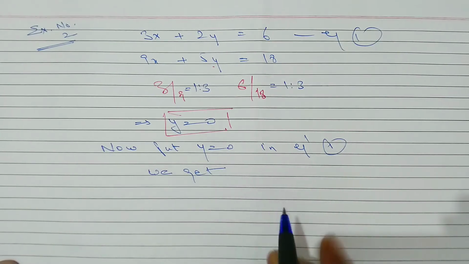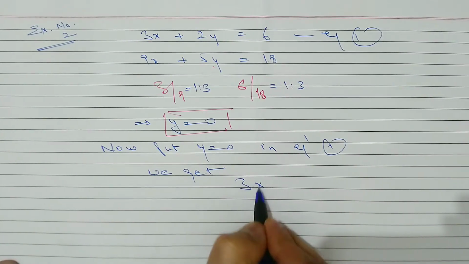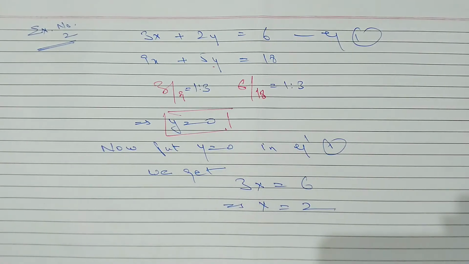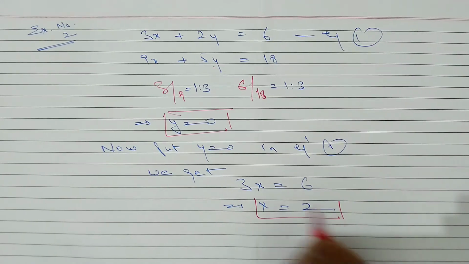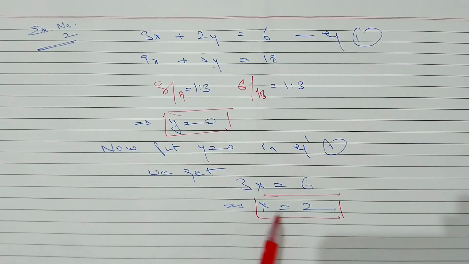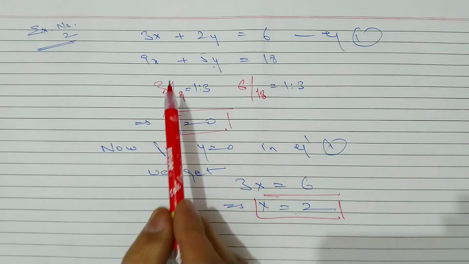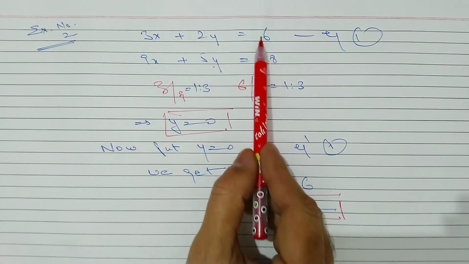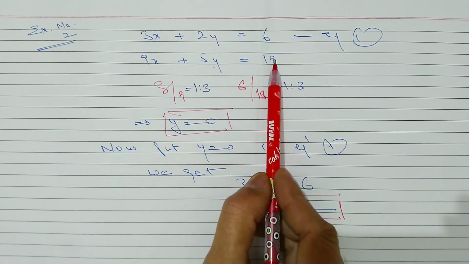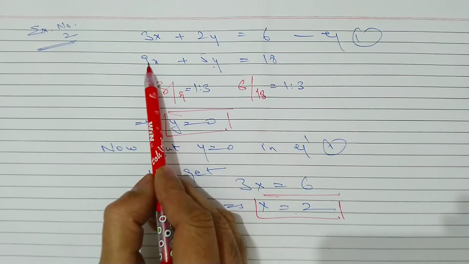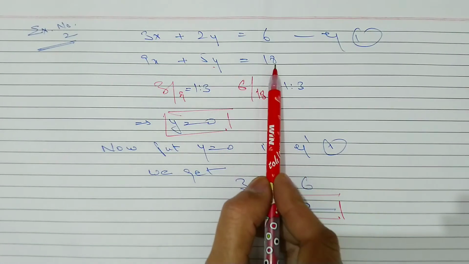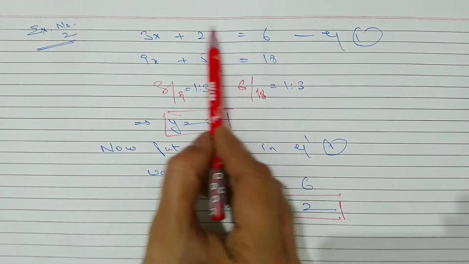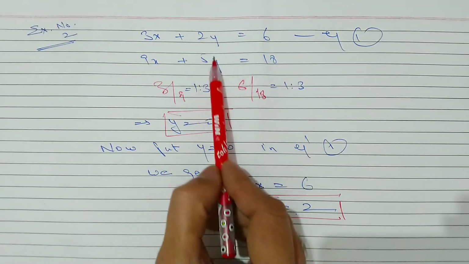We get 3x equals to 6 implies x equals to 2. Right? This is a shortcut method. If ratios of one coefficient is equals to ratios of constants, means 3:9 is equals to 6:18, then other variable is always equals to 0.